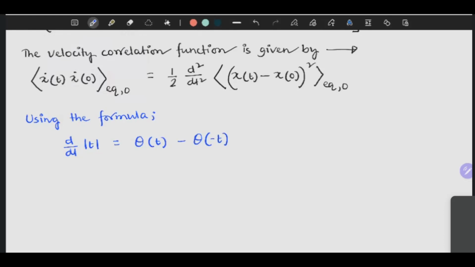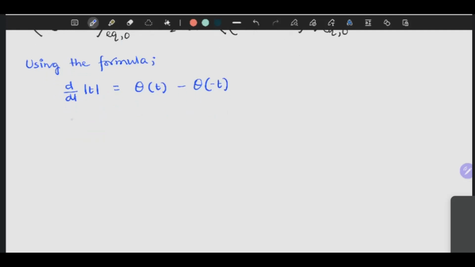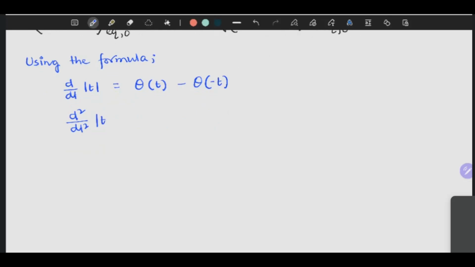Similarly, if you write d2 dt2 of mod t, then it becomes 2 delta t.